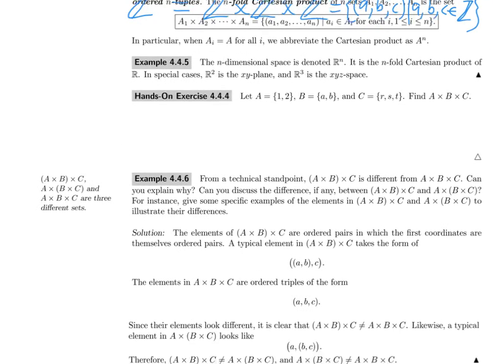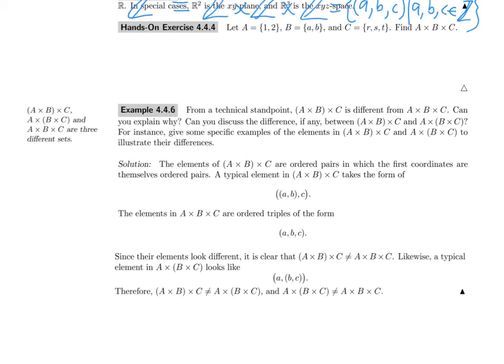So technically speaking, (A cross B) cross C is not necessarily the same as A cross (B cross C). And the reason is the structure of the elements in each set.